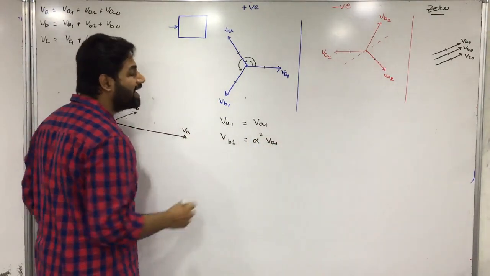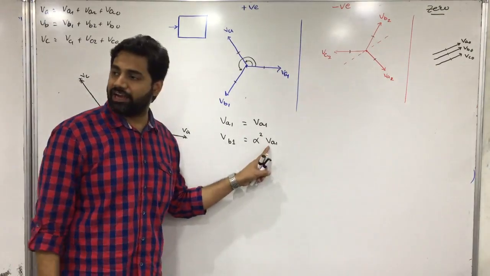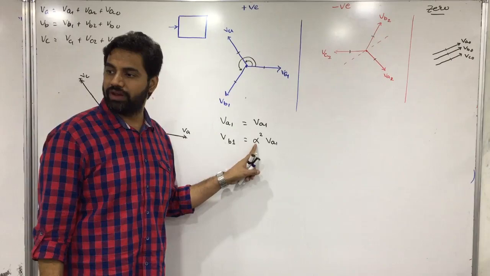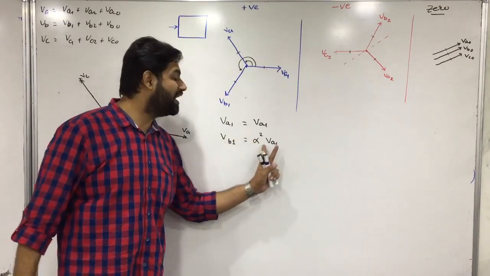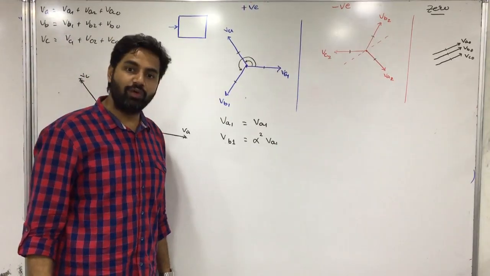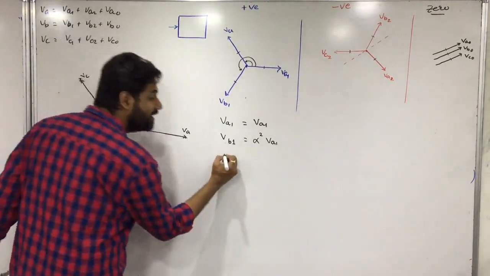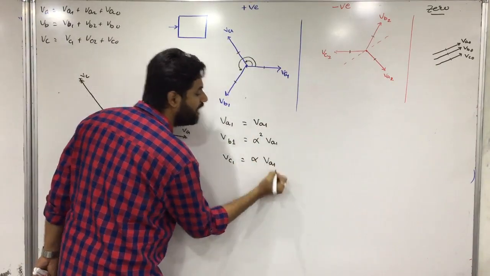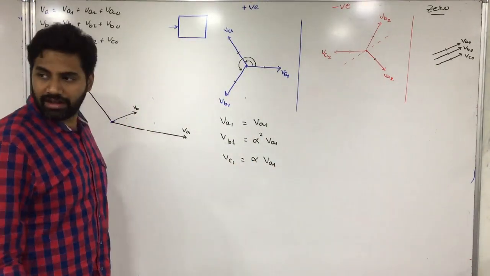Do you understand? What is the magnitude? The same as VA1. Which angle? 240. Alpha square is one at angle 240. So it's VA1's magnitude at 240 degrees. Clear? So we got this. Now VC1 is equal to alpha into VA1. So we got these three mathematical relationships.